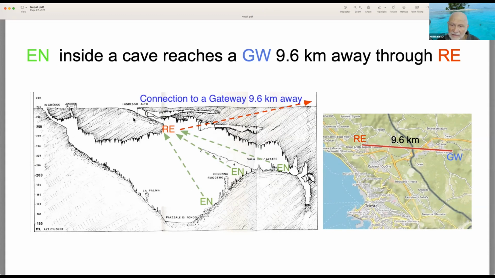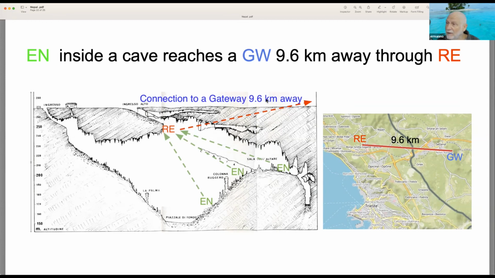So we did an interesting experiment here in a big cave called Grotta Gigante in Trieste, very close from our lab. We set up the range extender inside the cave, but not very deep. And this position allowed the range extender to communicate with the gateway.